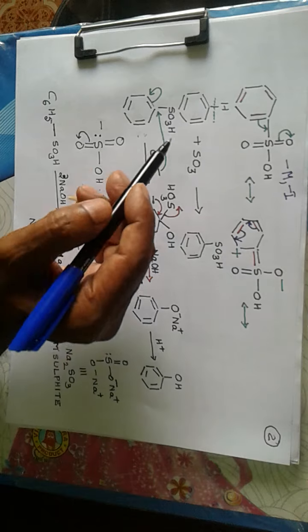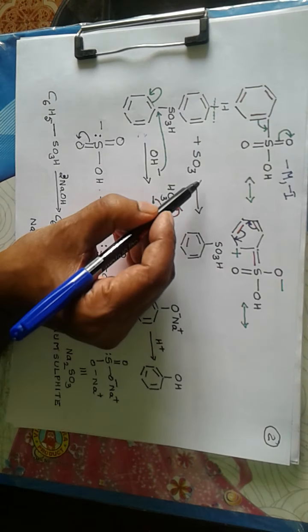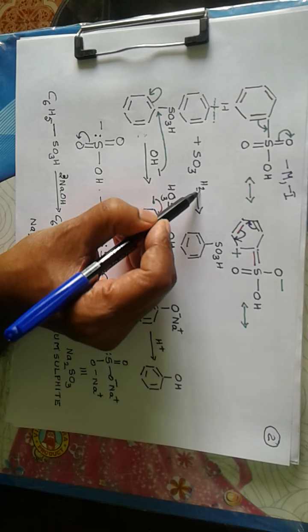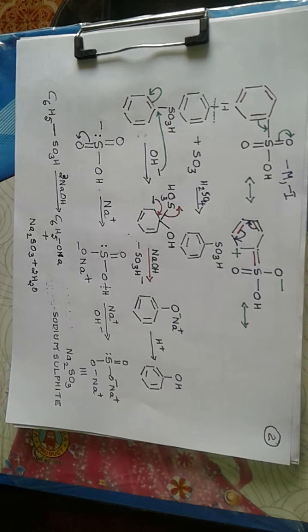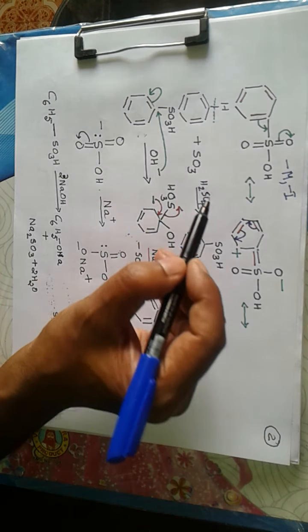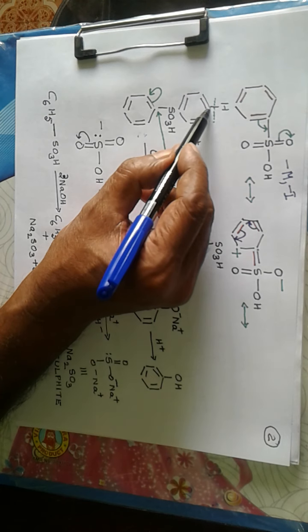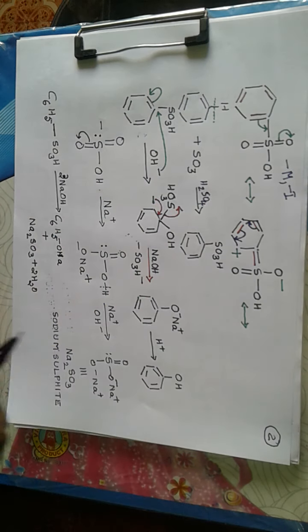Now the net reaction may be written as benzene plus SO3 in presence of H2SO4. This carbon to H bond is broken, and SO3 is getting connected to this carbon, and H is connected to oxygen, and we get SO3H. So that is the net reaction.